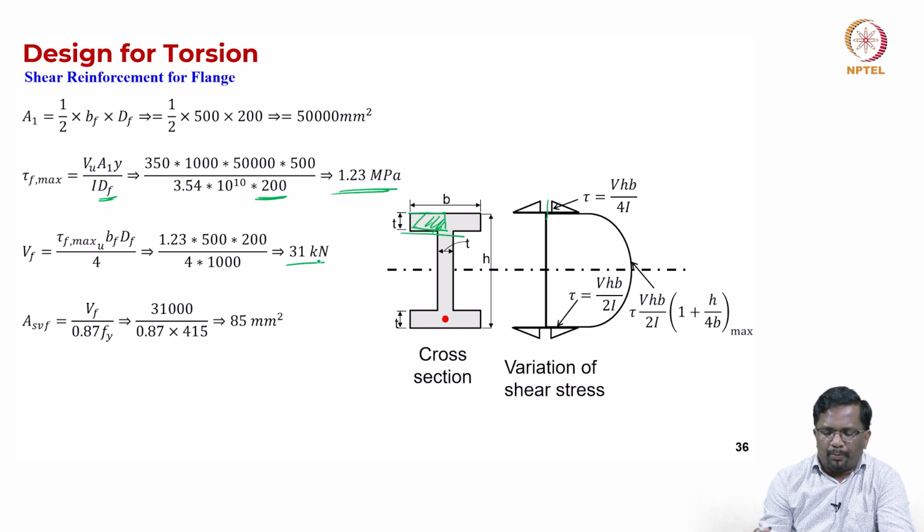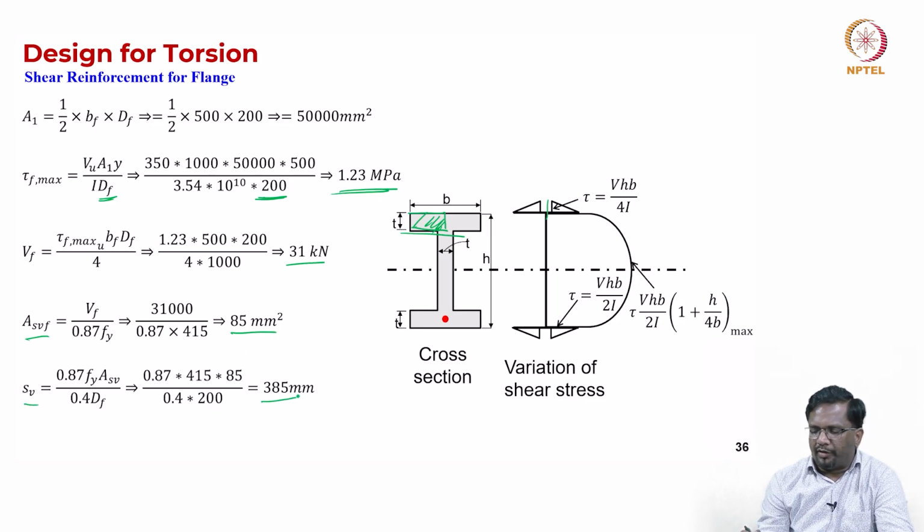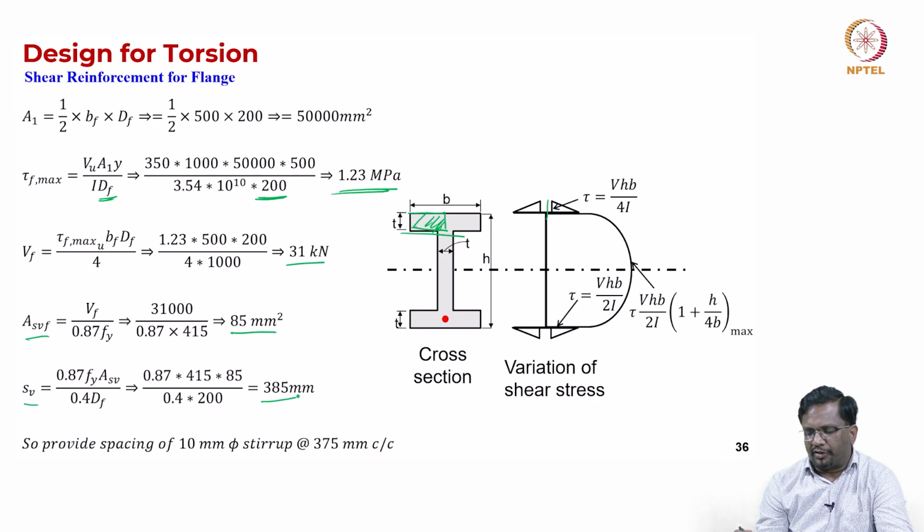The horizontal flange stirrup requirement will be VF divided by 0.87 into Fy, which is 85 millimeter square. Then the spacing works out to be 385, but again I have to satisfy some minimum spacing requirement as per the dimensions like last lecture we have seen. So we can go ahead and put 10 mm dia stirrup at 375 center to center.